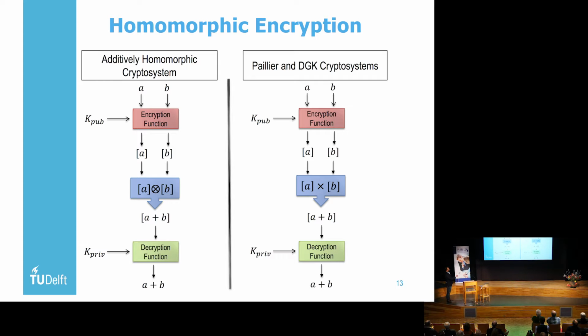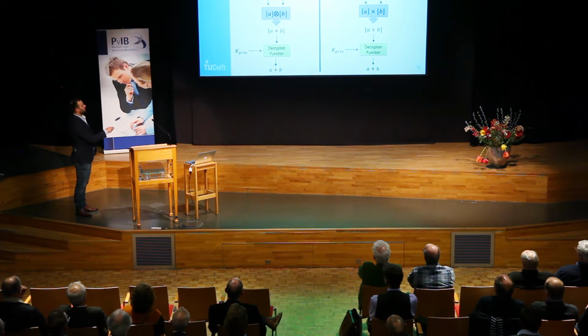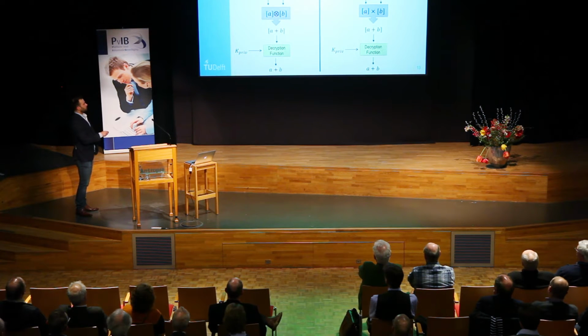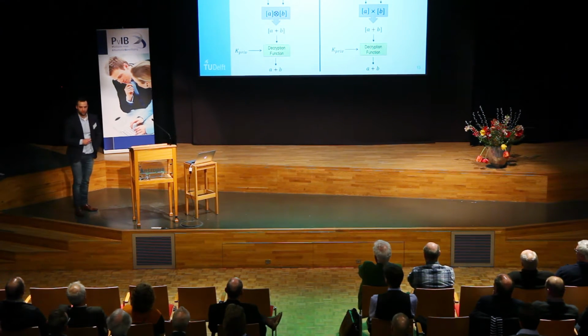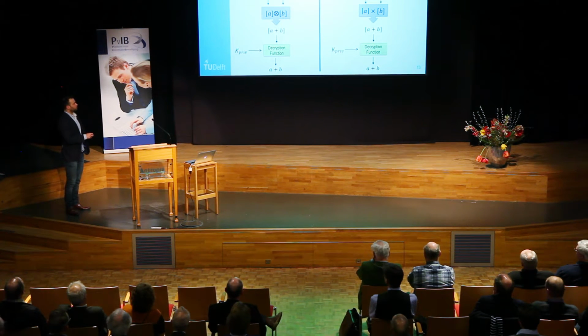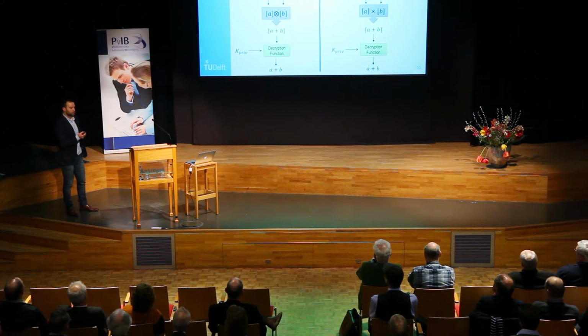We encrypt them, and we get the encrypted A and encrypted B. Those brackets are an abused form of encryption, and we use the public key for that. If you apply a certain operation on those ciphertext values, they correspond to a new encryption, but that encryption is the encryption of the original messages added.